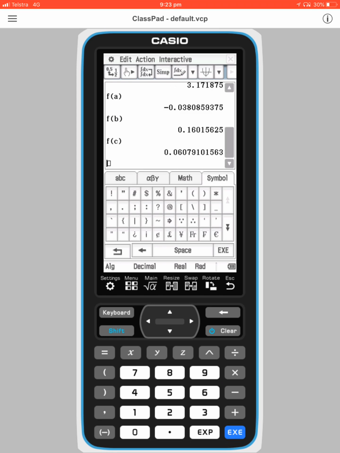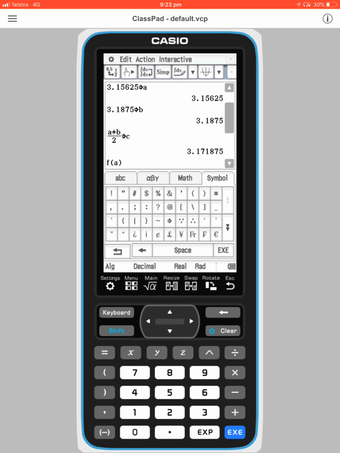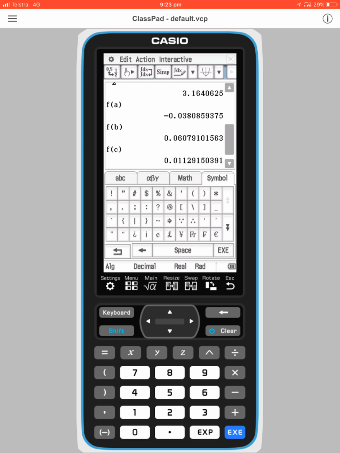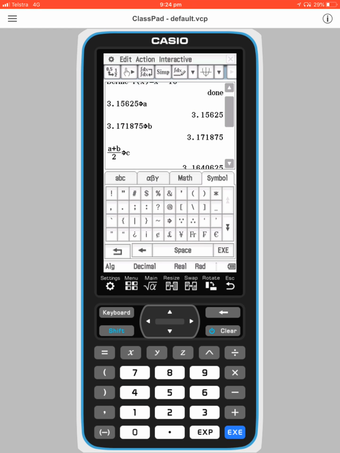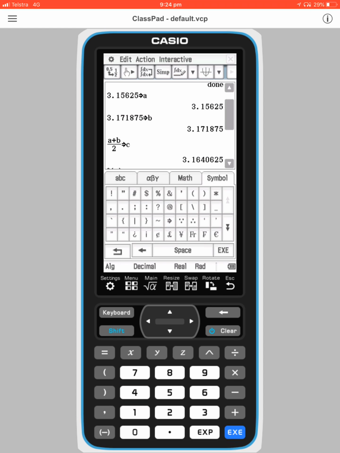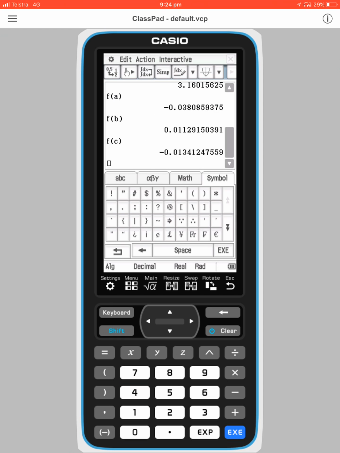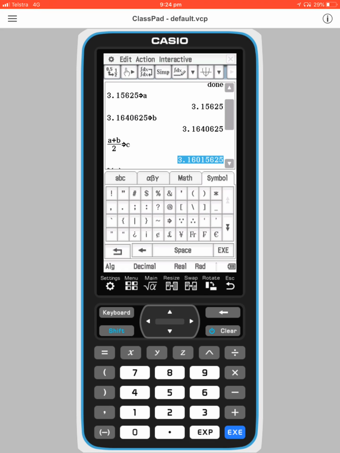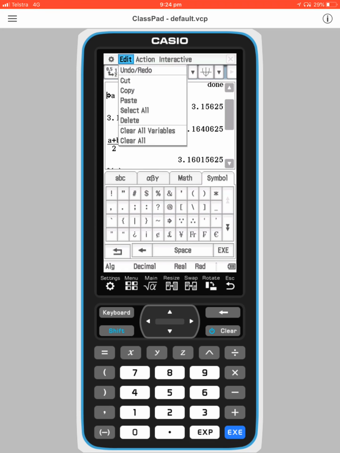Okay, because it's positive, we replace B, 3.171875. Because it's positive, we replace B, so 3.1640625. Because it's negative, we replace A, so edit, copy, paste.